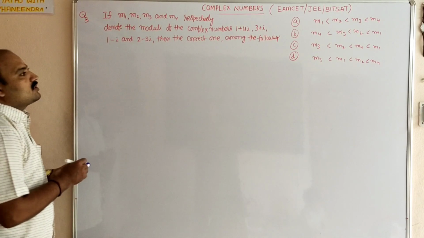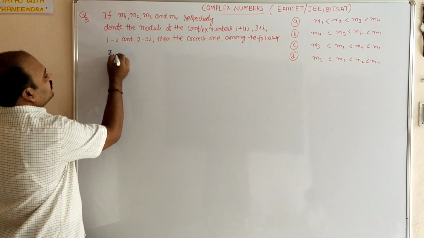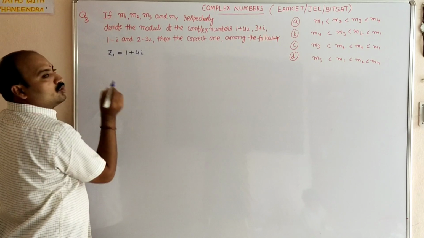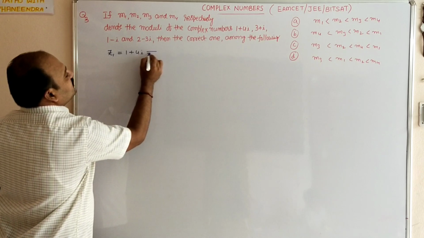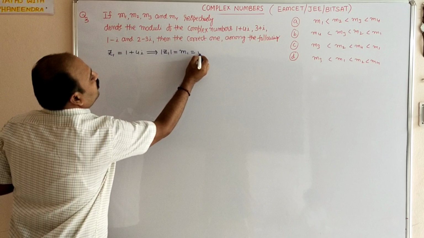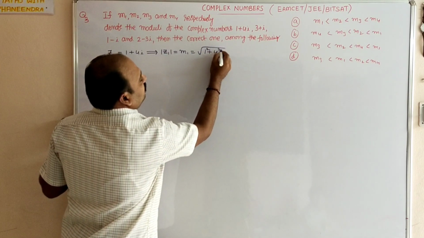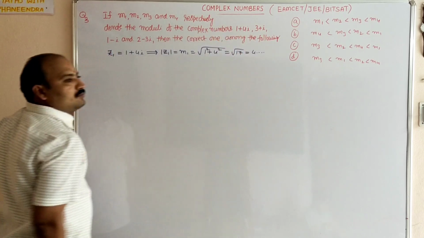So first, what is the complex number? First complex number Z1, I am assuming, which is equal to 1 plus 4i, whose modulus I am taking as M1. So mod Z1 is equal to M1 equal to square root of 1 square plus 4 square. So root 17, it is approximately 4 point something.